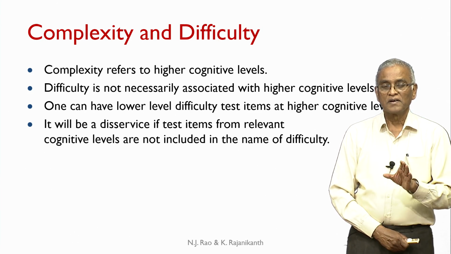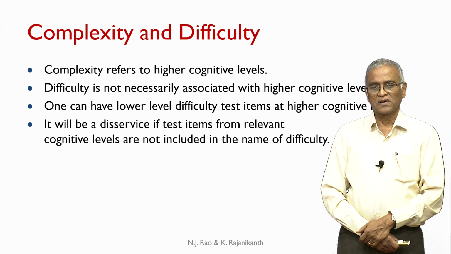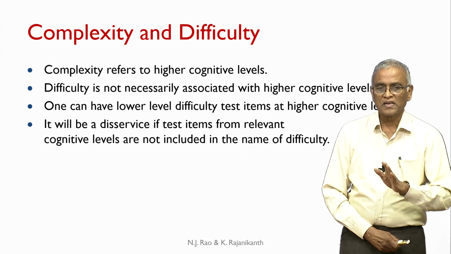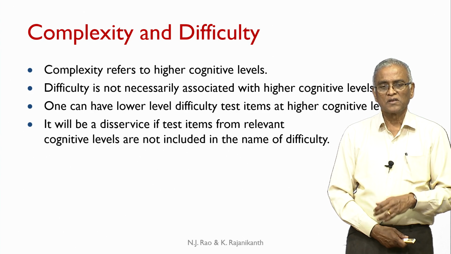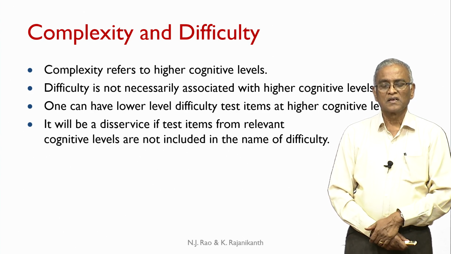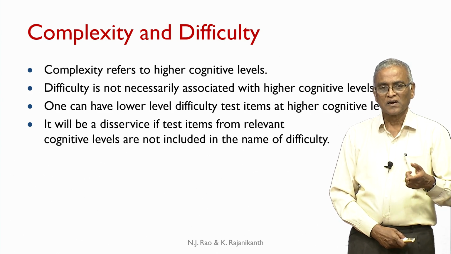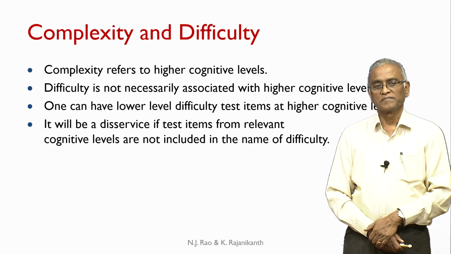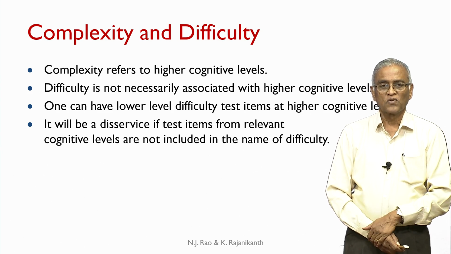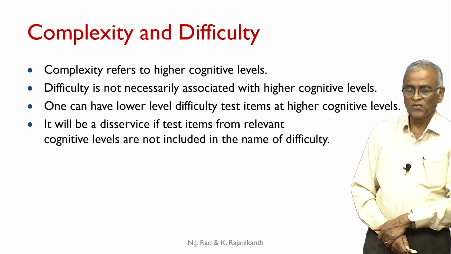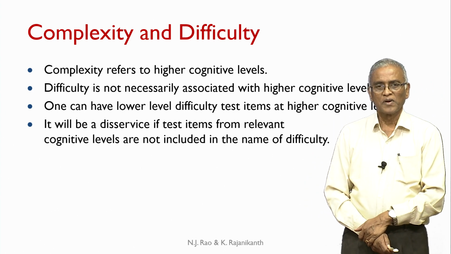You can have less difficult questions at higher cognitive levels. For example, you can ask the student to design some circuit, let us say, but he must go through the process of designing something rather than completely excluding it. That is where the issue of complexity and difficulty become very important.